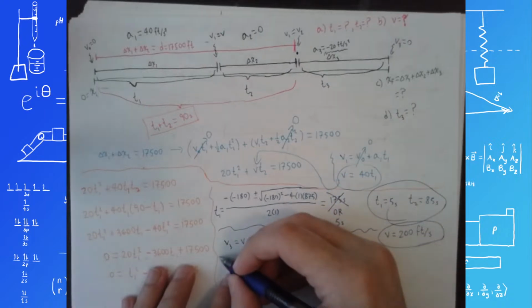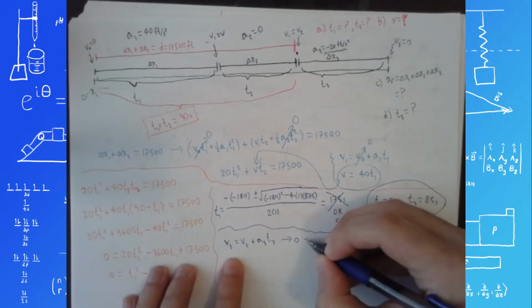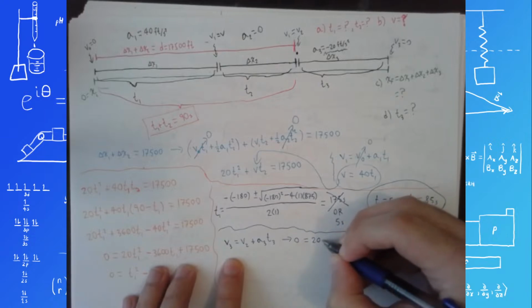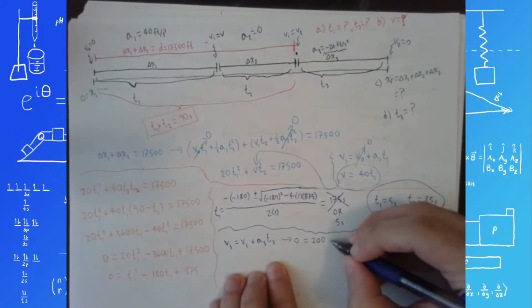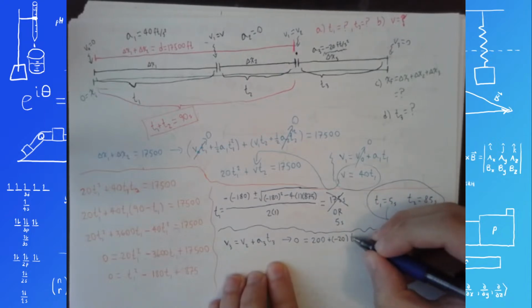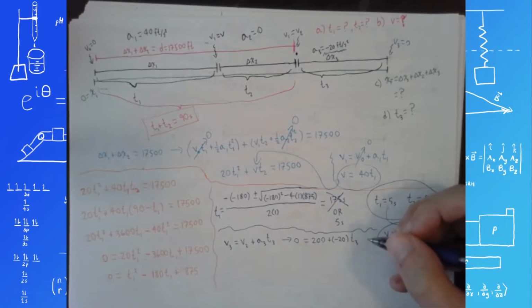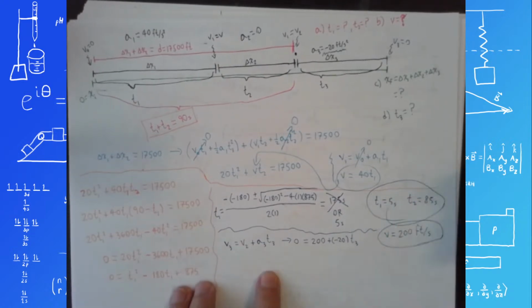Okay, so 0 equals 200 would be V2, plus acceleration, so plus negative 20 times T3. Add 20 T3 to both sides, divide both sides by 20.